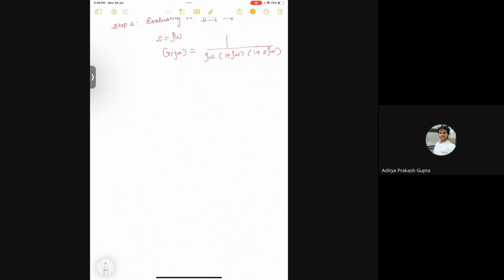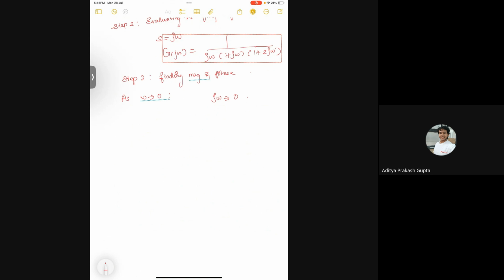Step 3, finding magnitude and phase. So this will give me, as omega tends to 0, j omega tends to 0. Wherever there is j omega, it will go to 0.